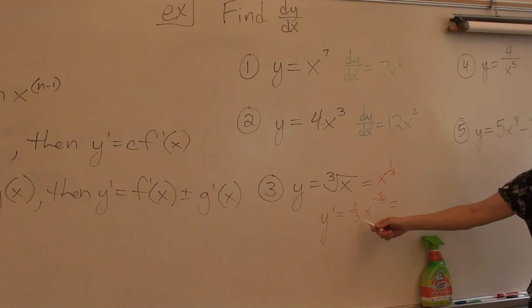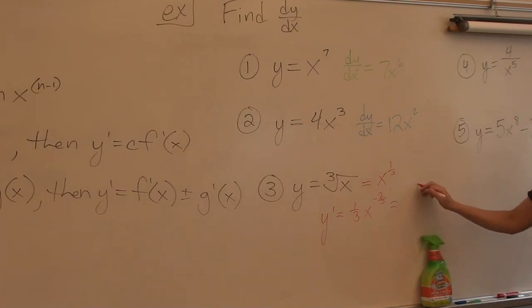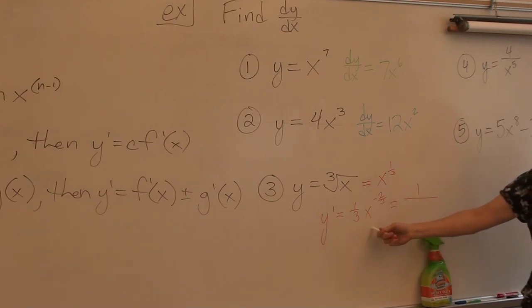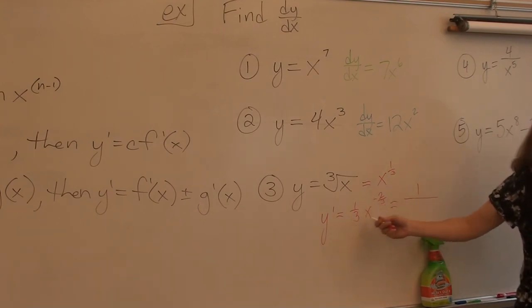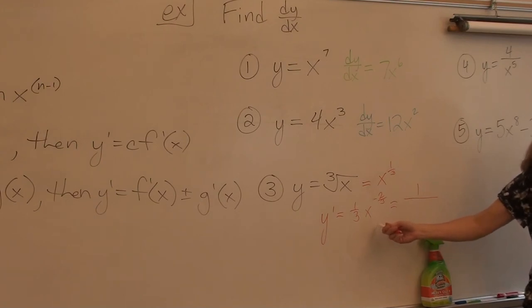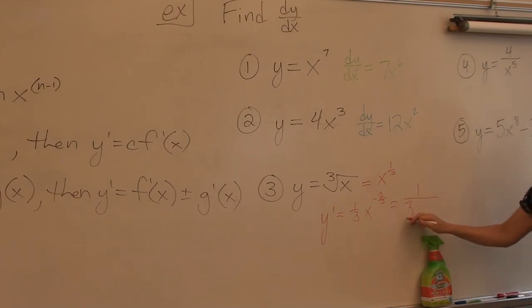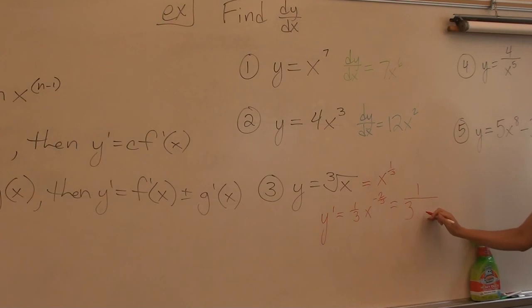So when we convert this back, what does the negative do? It just puts it on the bottom. The negative puts the x on the bottom. Is that negative attached to the 3 or just the x? Just the x. So the 3 stays on the bottom, the x goes to the bottom. The top number is your power, the bottom number is your root.